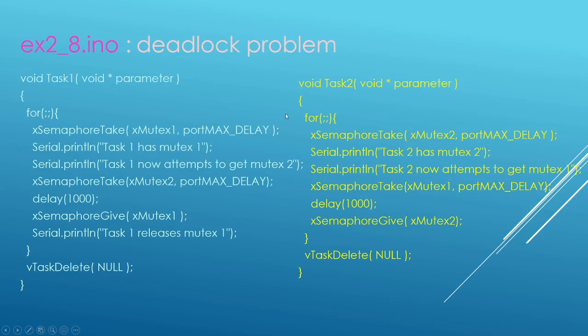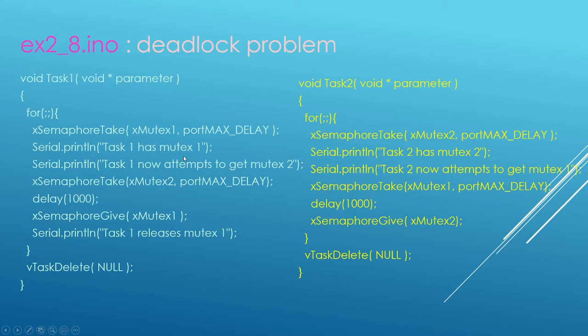Okay, I have a simple example that generates a deadlock problem. This happens when the task, you see from task 1 here, has a mutex. Mutex is just like a key. Okay, if you have a key to a lock.